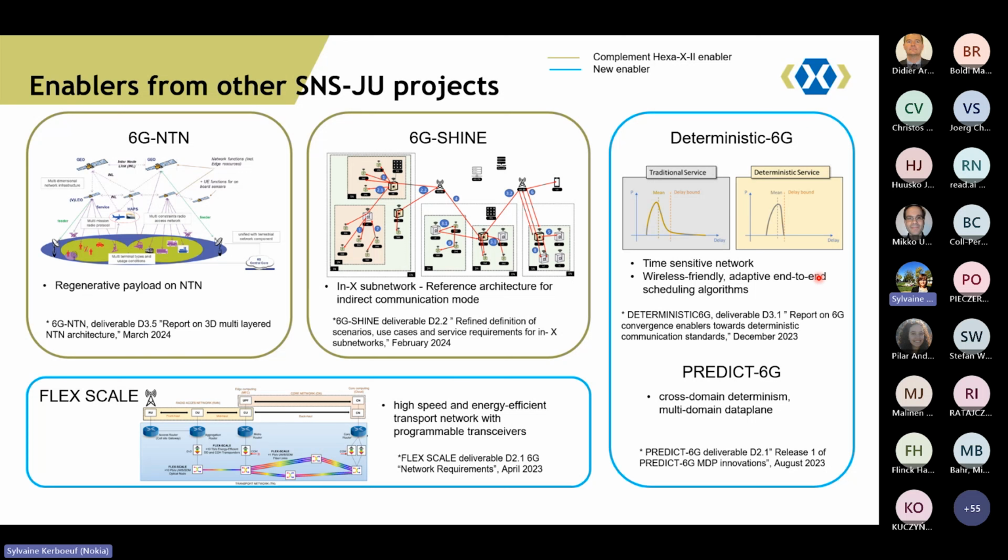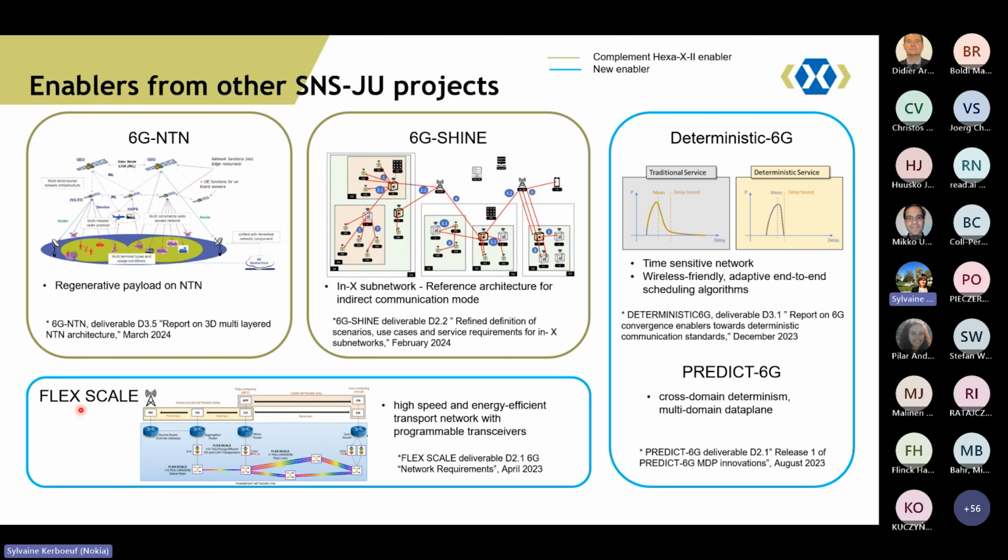Then we also have enablers coming from Deterministic6G and Predict-6G that relate to this determinism in the network. So for that reason, we added some technical requirements for the 6G system. And we also have enablers for time-sensitive networking, as well as aspects from Predict-6G on cross-domain determinism.